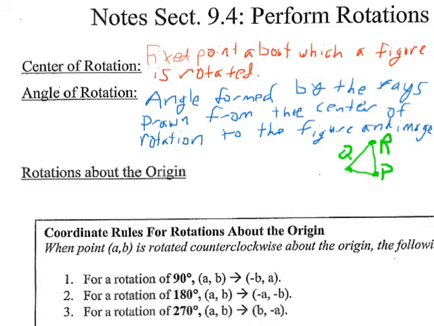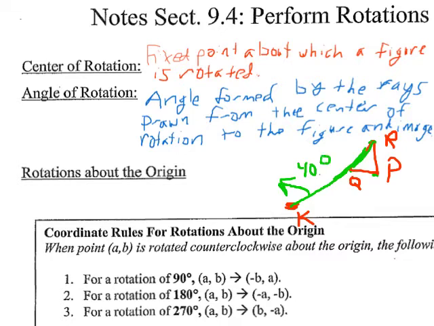I'm going to rotate it 40 degrees about point K. Sorry, this is R, P, Q. What that means is that I can draw a line here from K to Q, kind of extending to R, and I'm going to rotate it 40 degrees, such that I end up with a triangle that looks very similar.